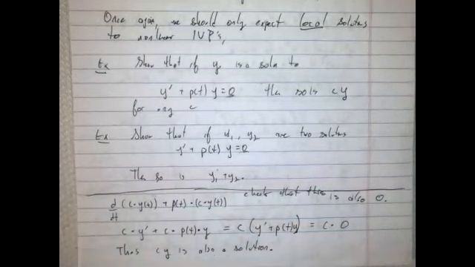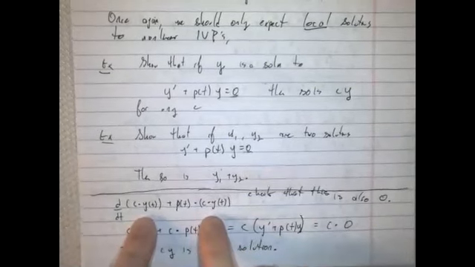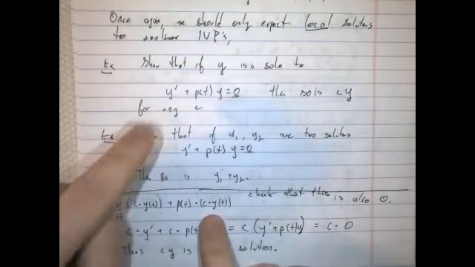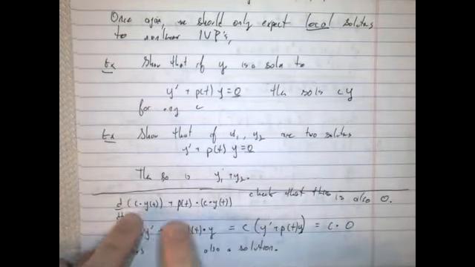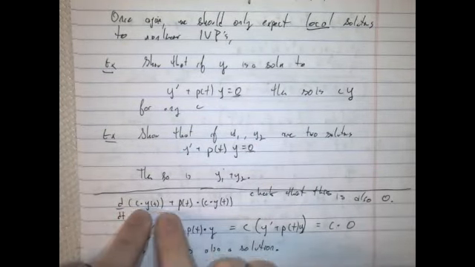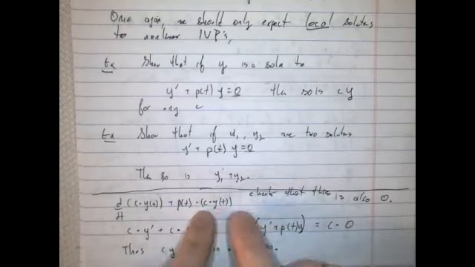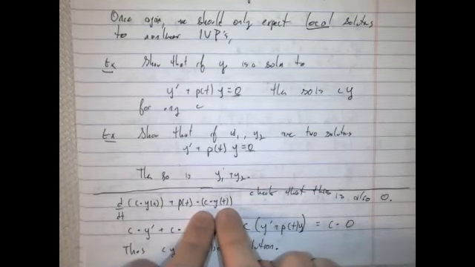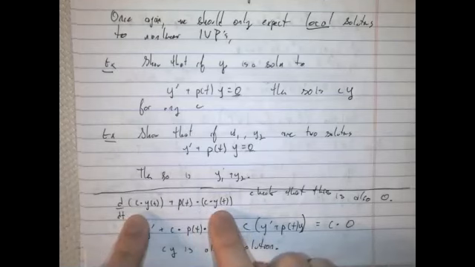Wait, why did you multiply c to all the terms and not just to y? Well, here what I did is I replaced y with c times y. So here I'm taking the derivative of c times y, and here I've got p of t multiplying c times y, my new function, right? Are you okay with this step?